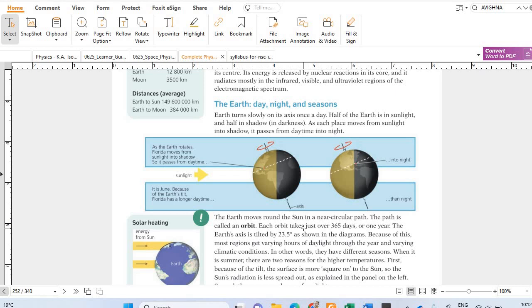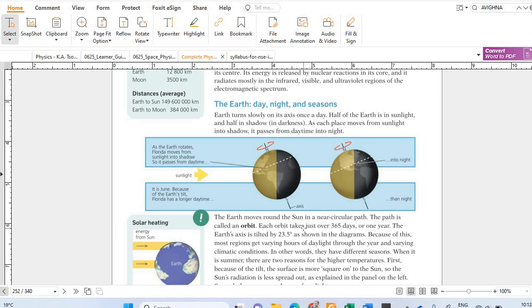And as it revolves in its almost circular orbit around the sun, one part of the Earth which is facing the sun receives sunlight, and the part of the Earth which is away from the sun doesn't receive sunlight. So that part will be dark, and the other part will be bright and illuminated, giving us the night and day part of the Earth.